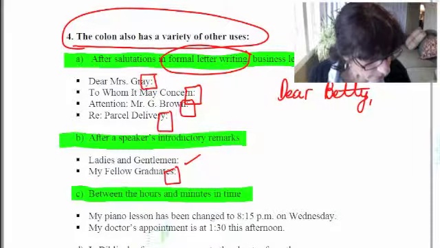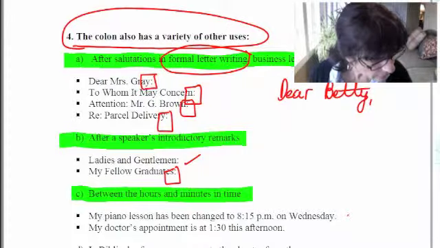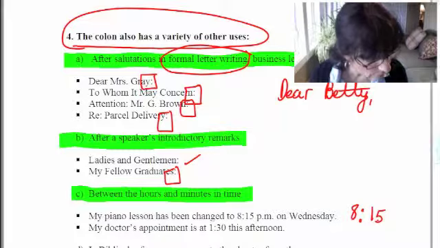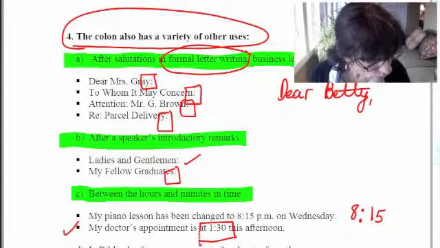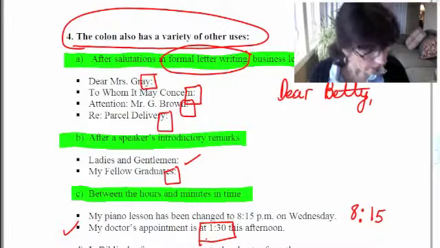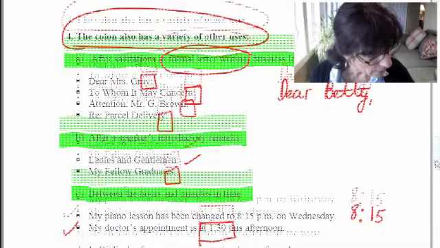In this example, my piano lesson has been changed to 8:15 p.m. on Wednesday. So for the time, you put the hour, the colon, and then the minutes, 8:15. Or this next example, my doctor's appointment is at 1:30, 1 colon, and then 30 this afternoon.